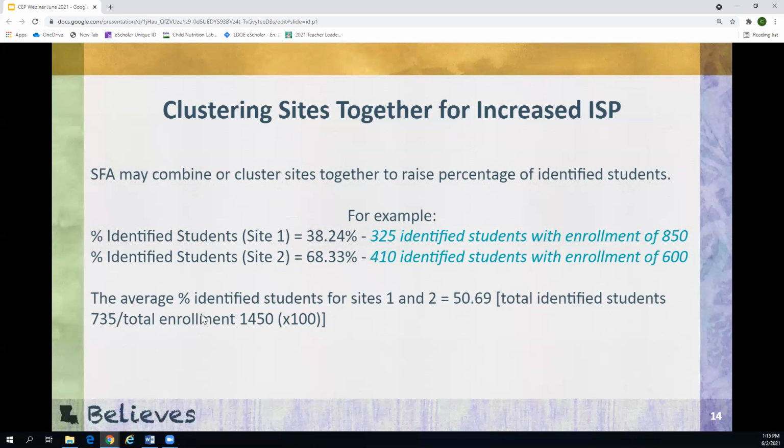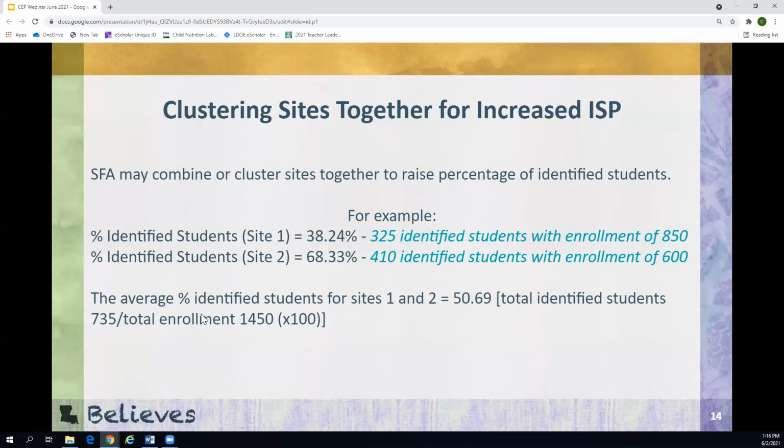And so when you are clustering sites, you are to add up the identified students, so the actual number of identified students, and then also the enrollment to get the total, and then do the math of dividing the identified students by the enrollment. Oftentimes we see that systems will add up the percentages and then divide those by the number of sites, and that would give you an incorrect number.